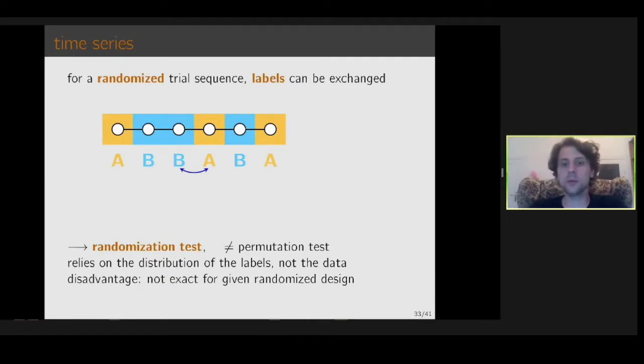So other than a permutation test, which makes assumptions about the distribution of the data, a randomization test makes assumptions about the distribution of the labels. So a disadvantage of this procedure would be that, strictly speaking, it only provides generalization to the space of all possible randomized designs, rather than generalization to the space of all datasets that could have been acquired.